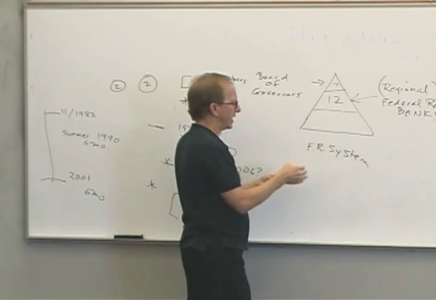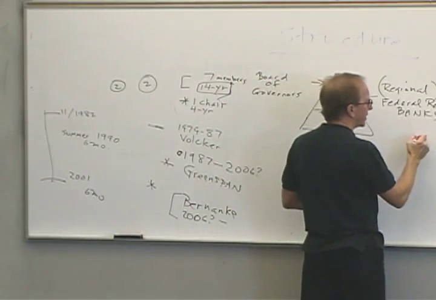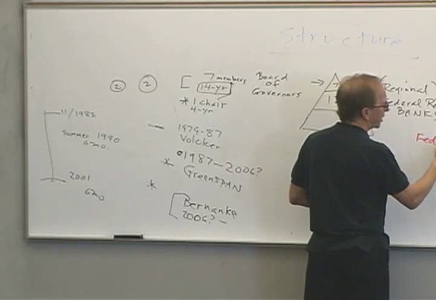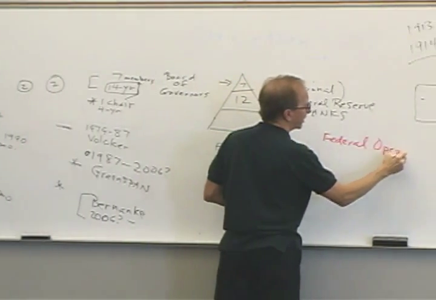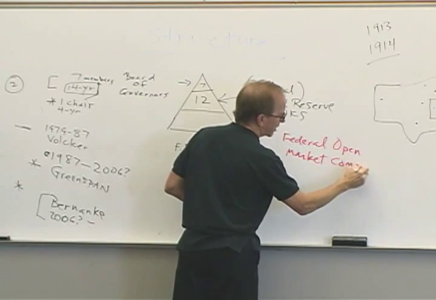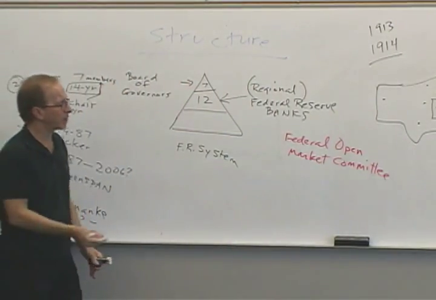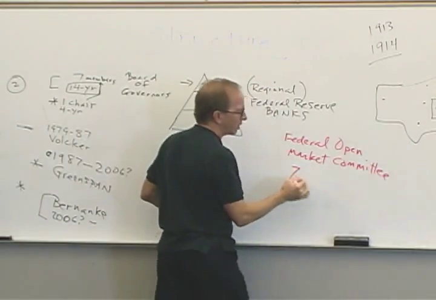before I go on to this last group, let me mention that there's a key committee, the Federal Open Market Committee, and that is a committee comprised of the 7 members.